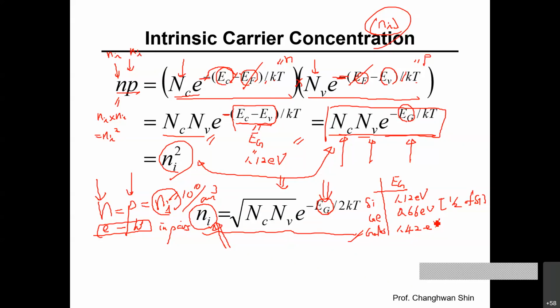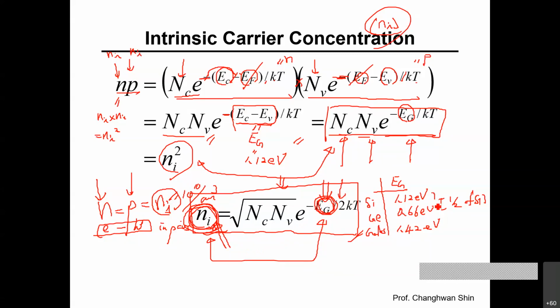Okay. So once you understand this equation, depending on the bandgap energy, the intrinsic carrier concentration, the total number of electron-hole pairs, can be determined and is closely associated. A linear modification of the energy bandgap would affect exponentially the number of free electrons and holes.